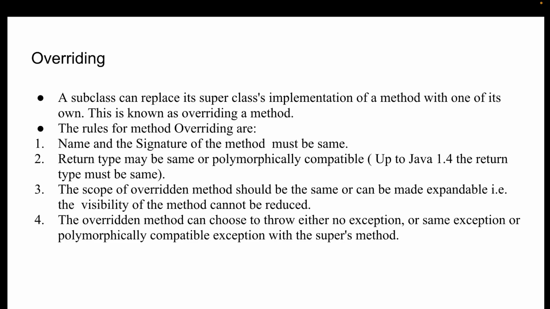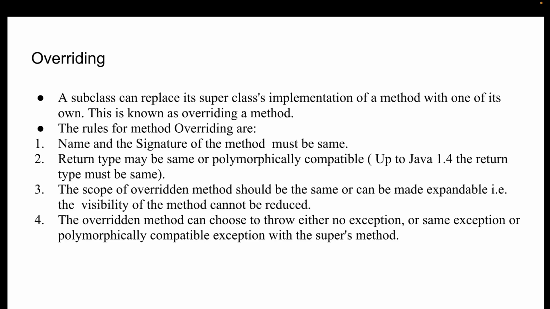When I talk about protected, the access or the visibility of protected is basically within the same package, and if it is in another package, then that class has to be a subclass of the parent class in the other package. So that is the scope of protected.